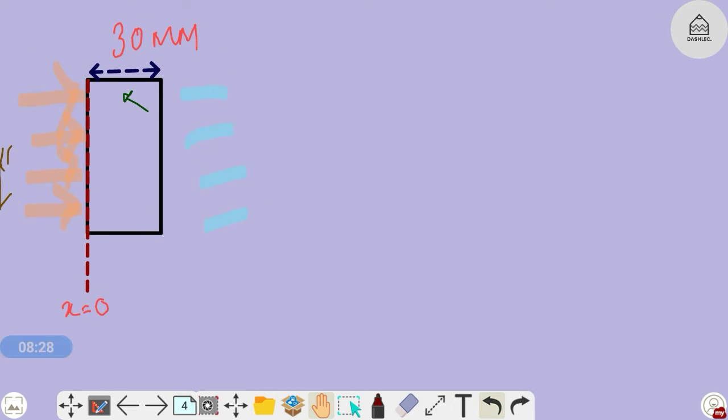So here, at this section before x is equal to 0, nothing is defined, so we'll start from x is equal to 0. Okay, this is our starting point, and the first resistance that will come to us is this body.